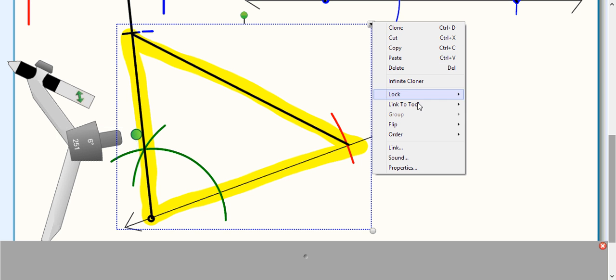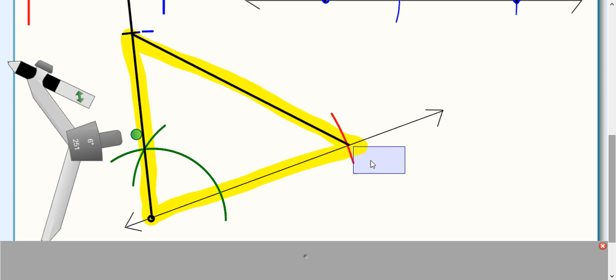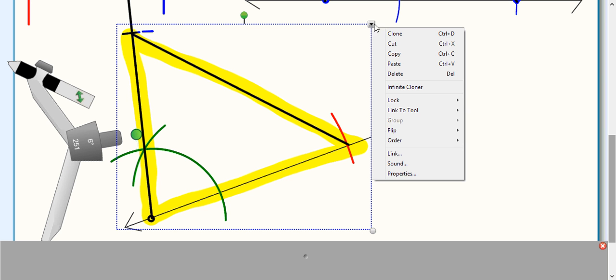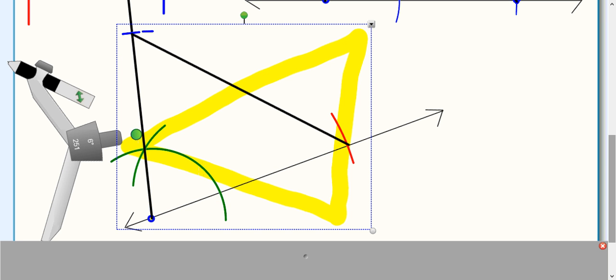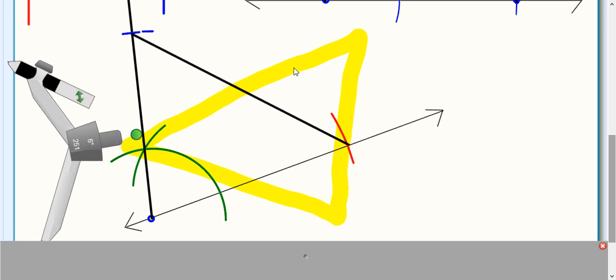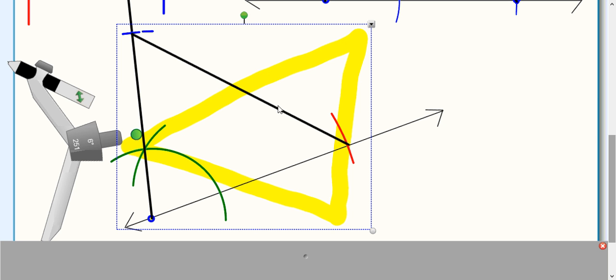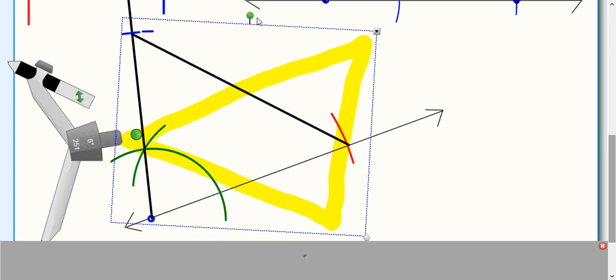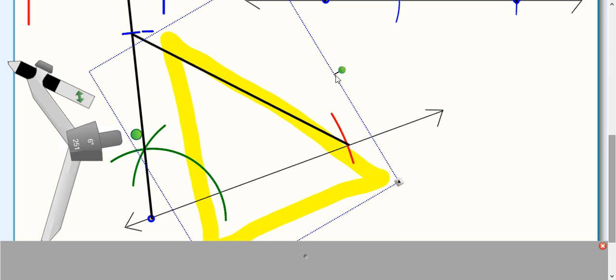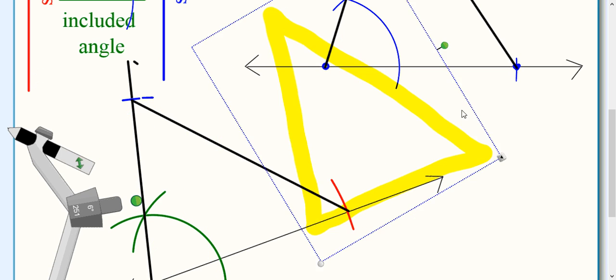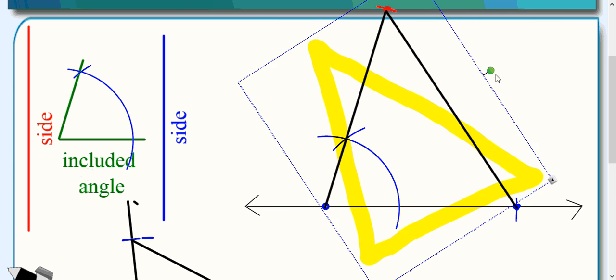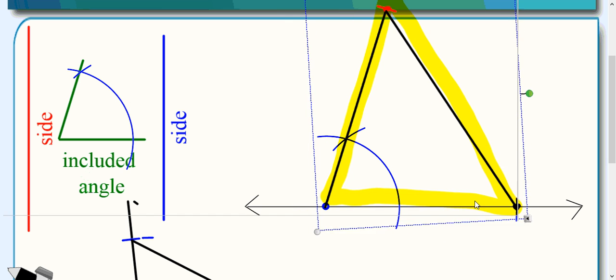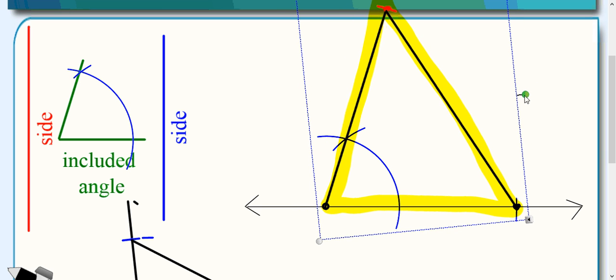I think I need to flip it left, right. What that did is made our blue side come to the right. So now I'm moving the blue side to the bottom because that's what we did before. It made our red side go over here, I think. This should match up. Right there. So they are the same triangle.